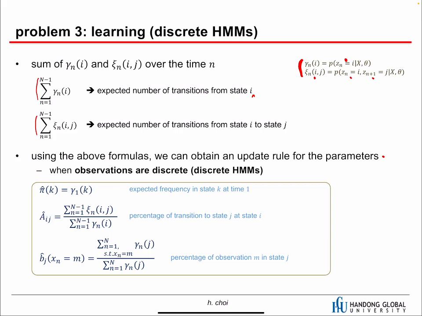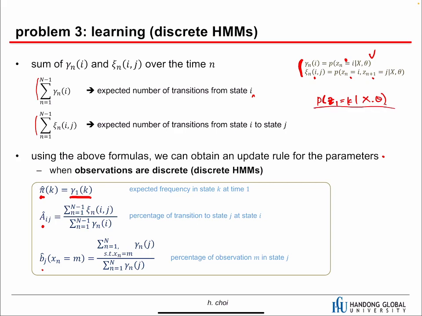Okay, so using the above formulas, we can obtain the update rule for the parameters, assuming that observations are discrete. So we are talking about discrete HMMs. Okay, so we have three parameters: pi, the transition probability A, and the emission probability B. So first, pi is the probability of the state for the first time step, and that is exactly the same as gamma sub 1 of k. So if you look at this equation again, gamma_1(k) is actually p(z_1 = k given x).